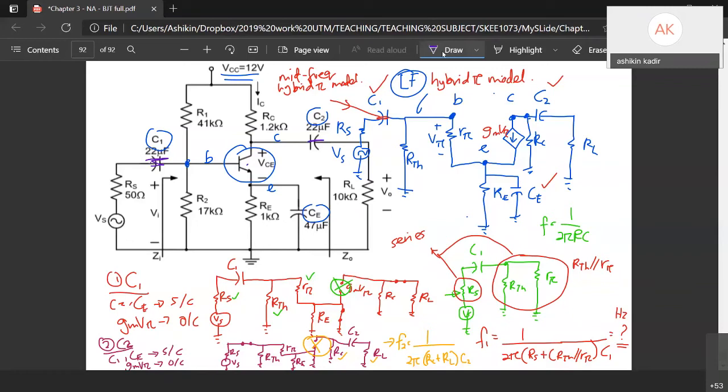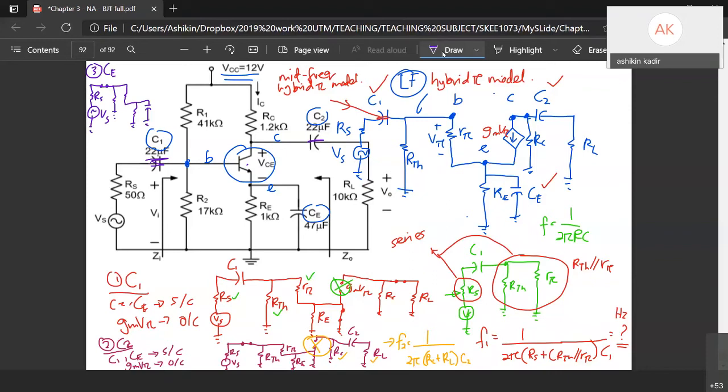So number 3 is CE. I draw it on top of the page. You have RS and VS. C1 is short circuit, and then you have RTH, and then Rπ, RE. Here you have CE.